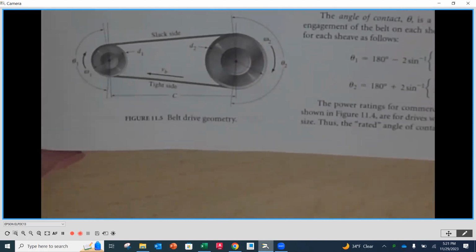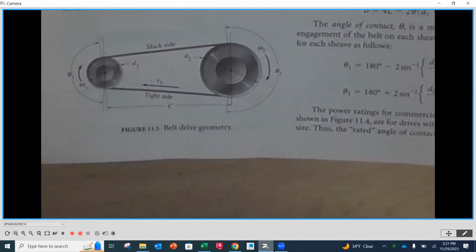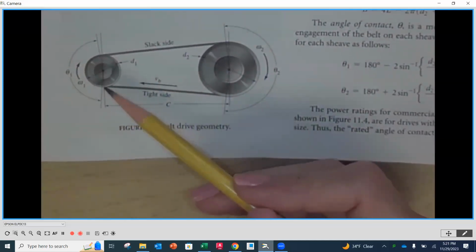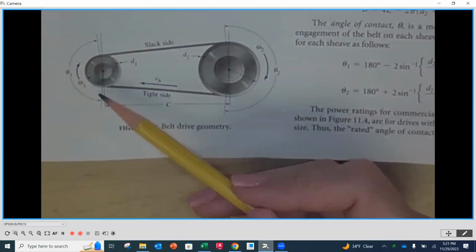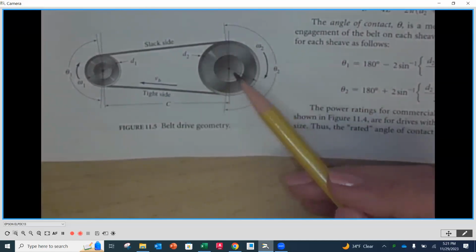You'll notice that we have a smaller pulley and we have a larger pulley. The smaller pulley is most often going to do that same thing that a pinion does in a gear and pinion combination. The pinion is going to be the input, and the smaller of the two, it's going to rotate at a higher velocity. And then the larger one is going to be the driven.